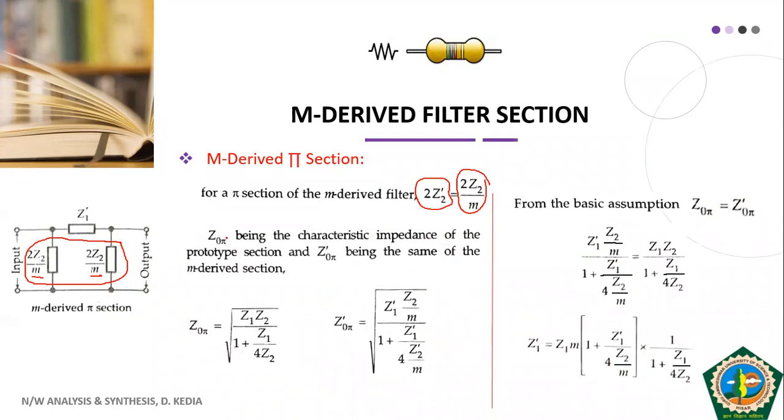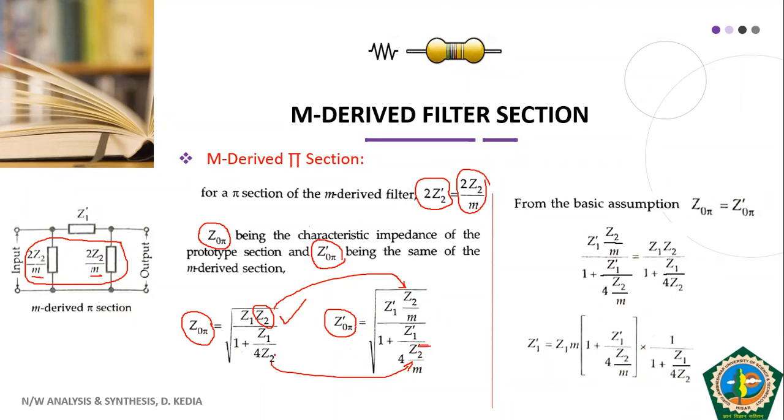Again, we need to find the characteristic impedance of the prototype and the characteristic impedance of the M derived. These must be equal. The characteristic impedance of the prototype, we already know, will be written like this. And the characteristic impedance of the M derived pi section will be derived from this, where Z2 will be replaced by Z2 by M. So here also it should be Z2 by M, not Z2 dash.